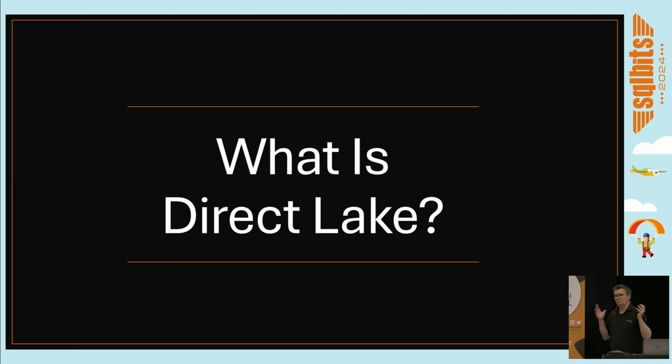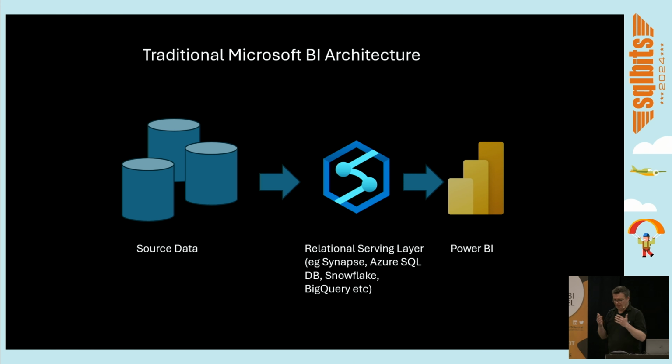First of all, what is Direct Lake Mode? If you're doing BI in the Microsoft world, you will have an architecture that probably looks a little bit like this. I've been doing Microsoft BI for a long, long time, and ever since I can remember, people had architectures that looked a little bit like this. You had your source data, which was in all kinds of different forms.